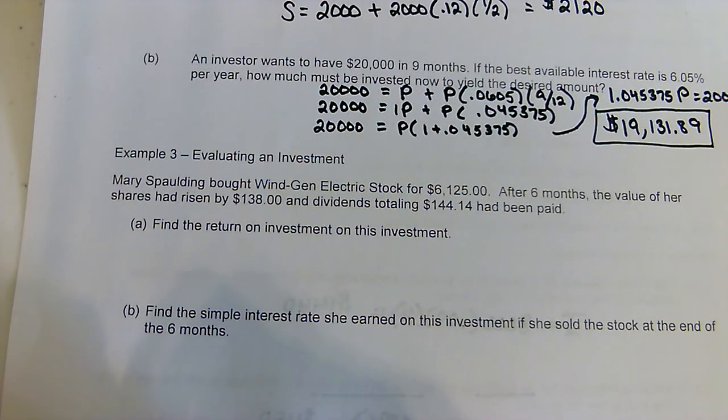Mary Spalding bought WinGen Electric stock for $6,125. After 6 months, the value of her shares had risen by $138, and dividends totaling $144.14 had been paid. We want to find the return on her investment. Let's think about how this would work.